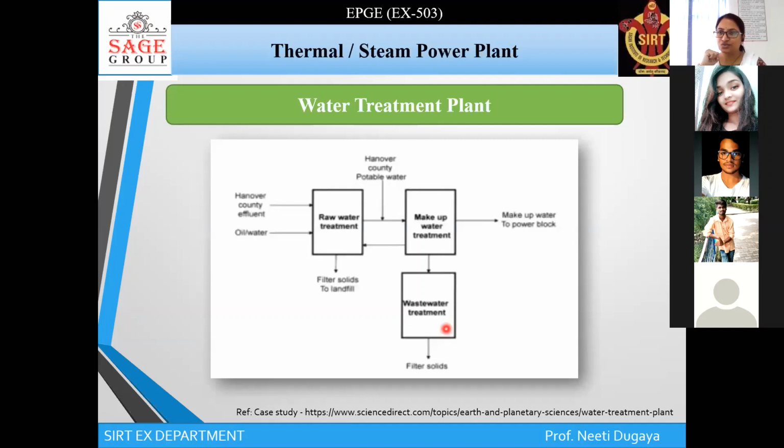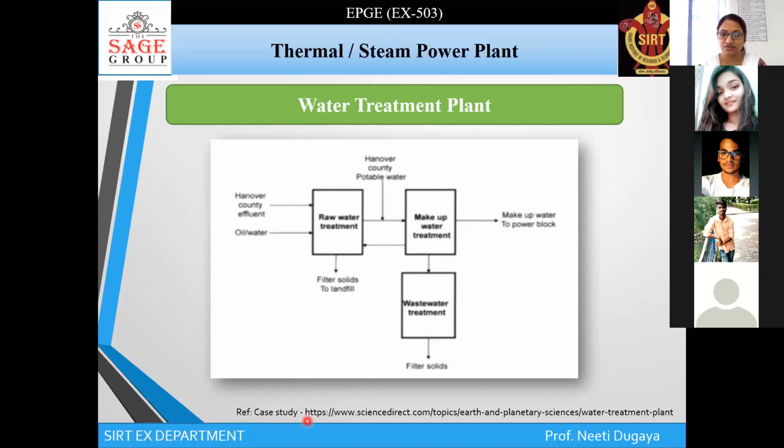Look, we are going to study the content with the help of a case study, and the case study which I have taken, as you can see here is the reference. My pointer shows the reference. The reference is the case study, and this case study I have taken from sciencedirect.com journals.